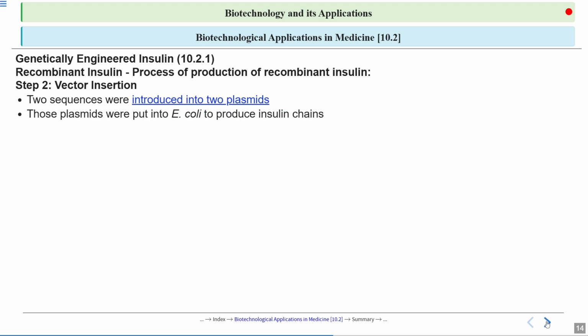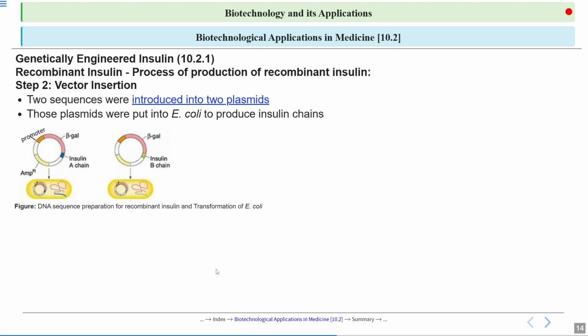Those plasmids were then put into E. coli to produce insulin chains. As I have told already, they take these two sequences, insert them into the vector, and express them in E. coli as host, and then produce the insulin chains. This will produce chain A of insulin, and this will produce chain B of insulin.